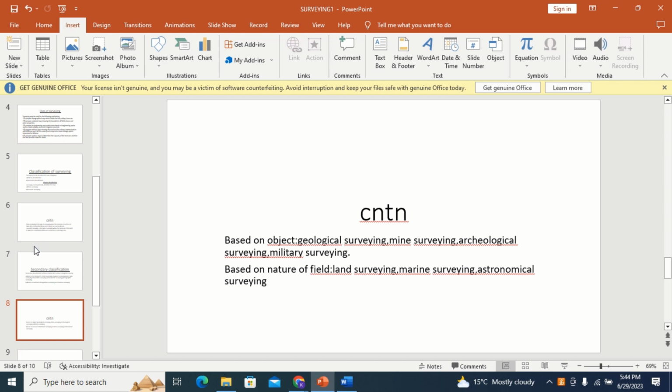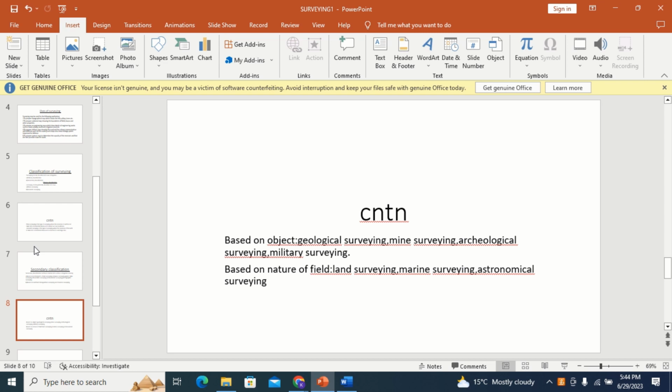Under the secondary category, it is further divided into 4, where number 1 is based on object. Under based on objects, we have various types like geological surveying, mine surveying, archaeological surveying, and military surveying.